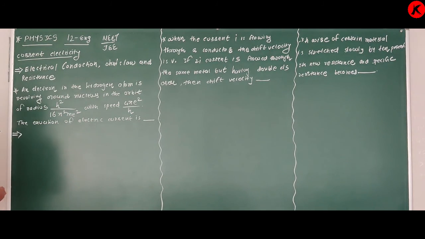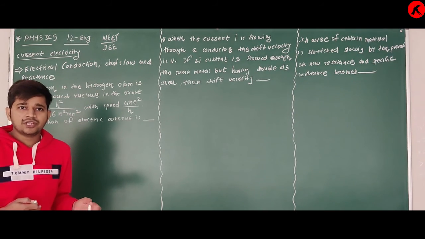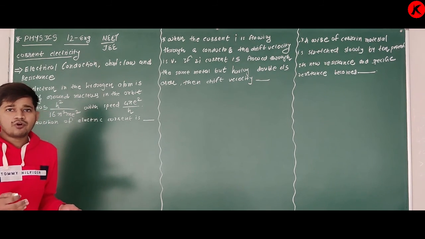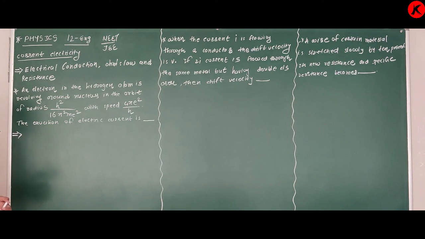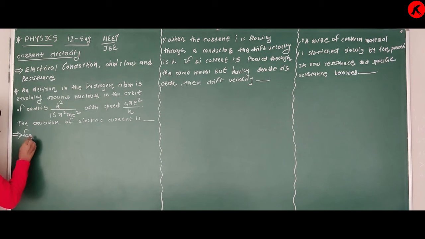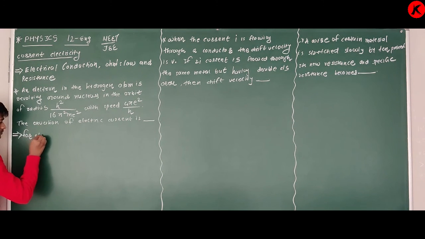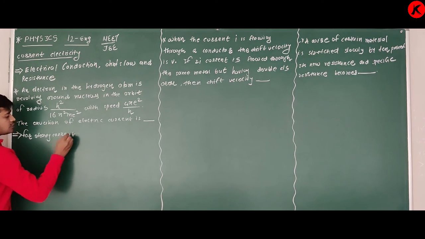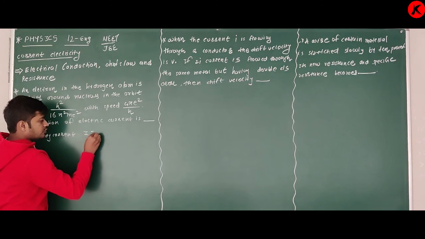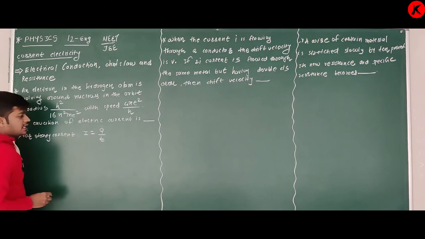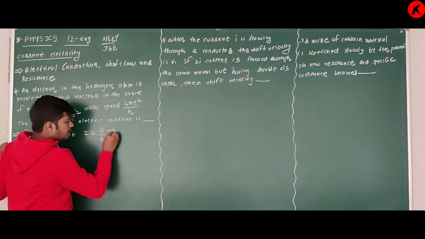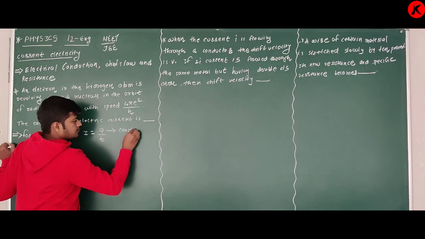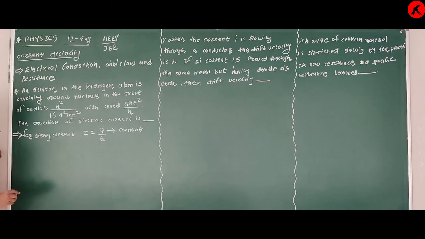No. See, if the rate of flow of charge is constant, then for that steady current we have the equation of current, I is equal to Q upon T. You can use this equation when Q is constant.